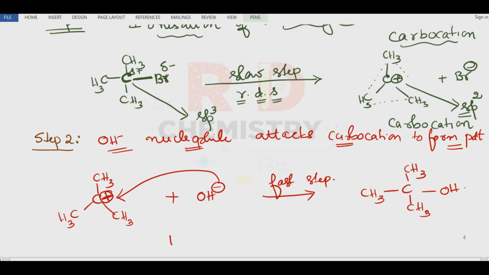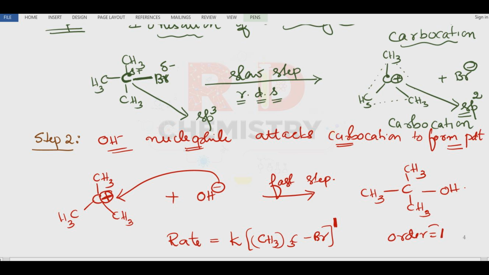Therefore, according to chemical kinetics, rate is equal to the rate constant K into the concentration of the reactant in the first step. The reactant is which one? (CH3)3CBr, or alkyl halide in general, to the power 1. One molecule is there. So the order is the power of the concentration term, 1.